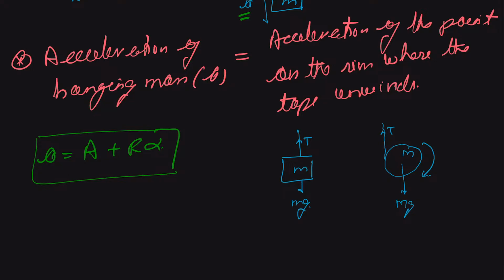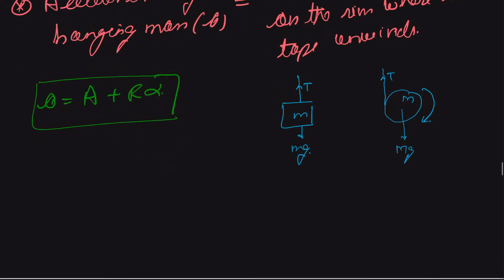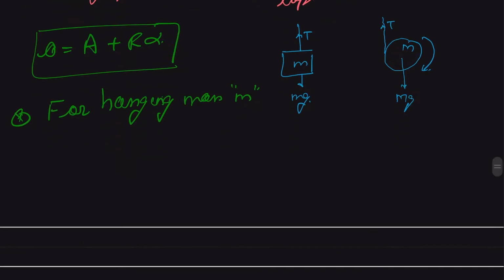So we can write the equation, first of all, for the hanging mass small m. It is moving in the downward direction with the acceleration a, and here it is acceleration capital A. Alpha is the angular acceleration.